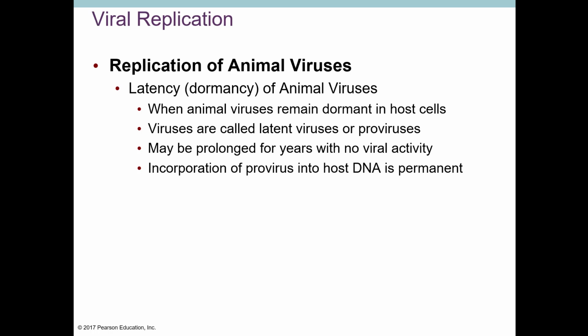With animal virus, we use another L word, but it's latency. But it's similar to the lysogenic concept in that a latent virus means it's dormant. It's entered the host cell, the chromosome has somehow integrated onto the host cell chromosome, and now it's existing in a dormant phase, so it can reactivate at any time.